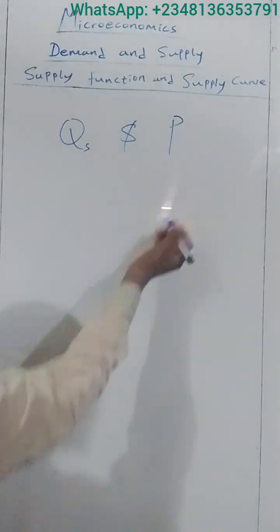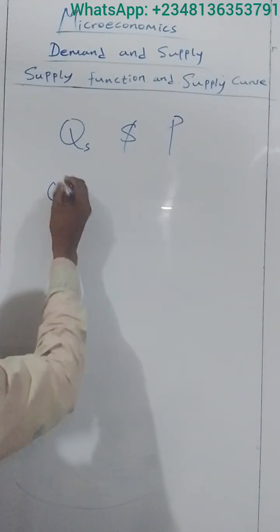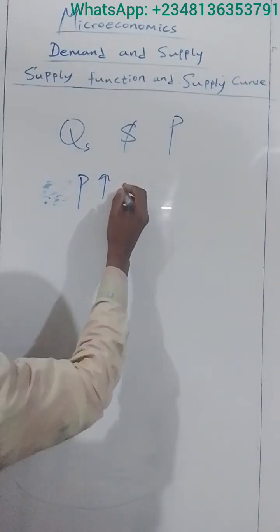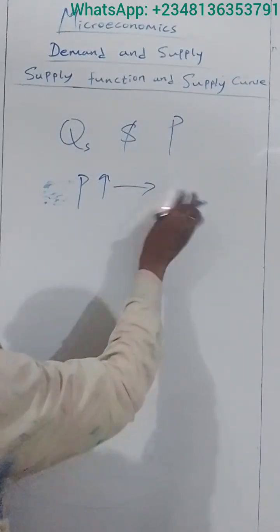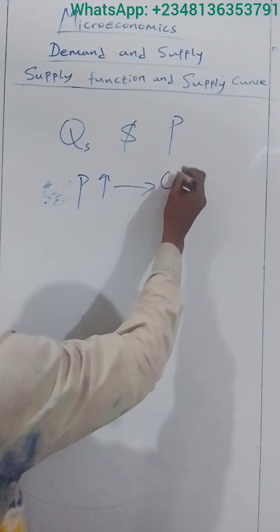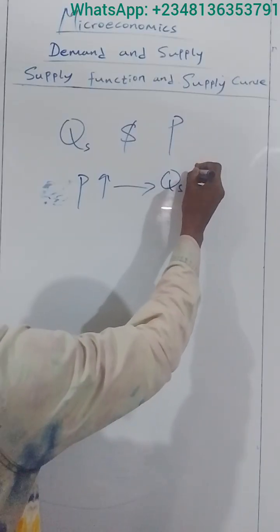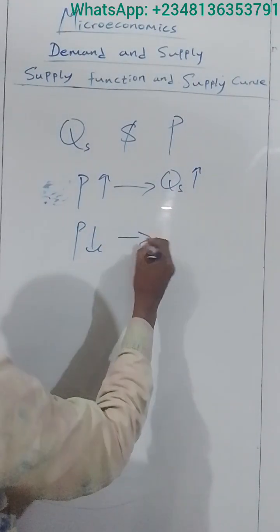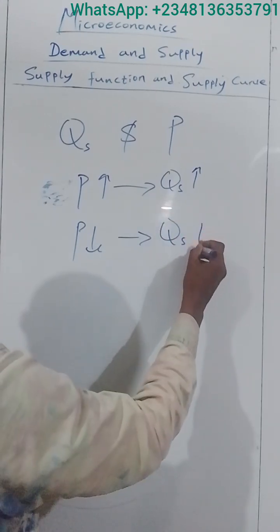So summarily, the law states that when the price of the commodity rises, the effect will be that the quantity supplied will also rise. But when the price falls, the effect will be that the quantity supplied will also fall.